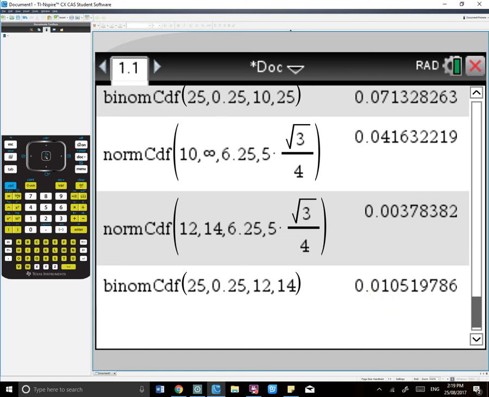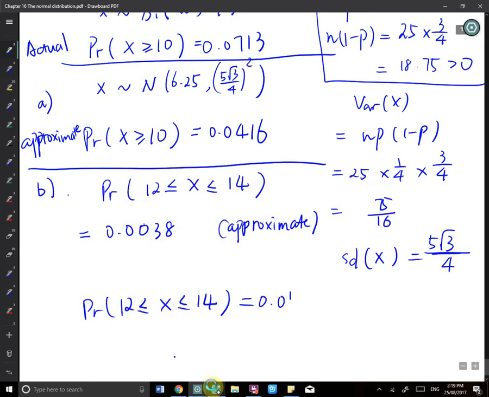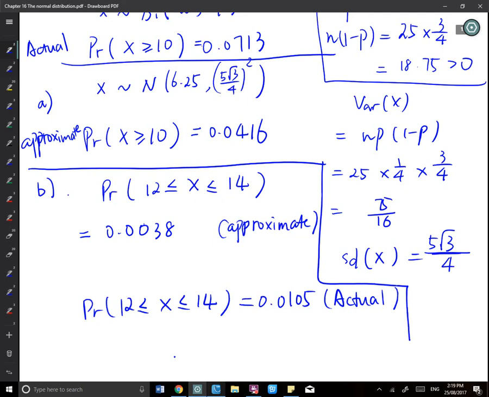It's 0.0105. That's the actual value, compared to when you use normal. So do not use it unless the question says find the approximation. It's not a good approximation, since n is not large enough; it should be even larger for a good approximation.